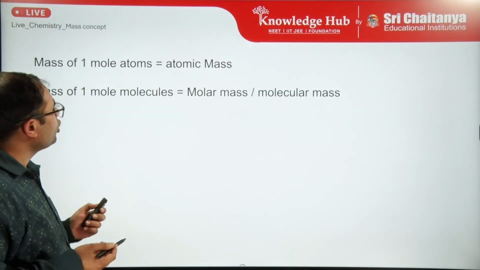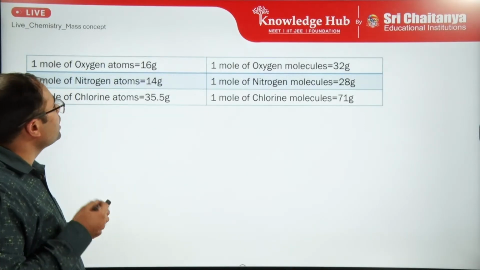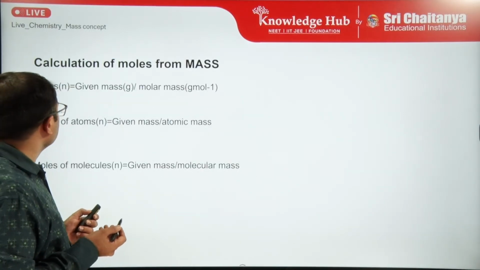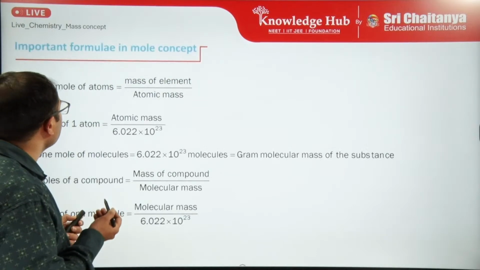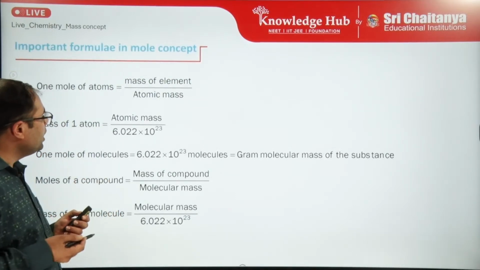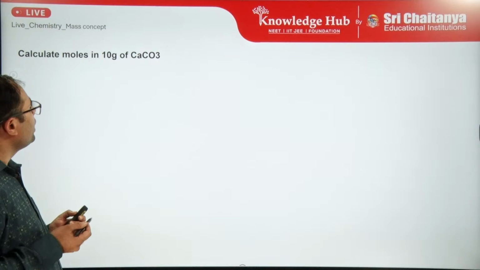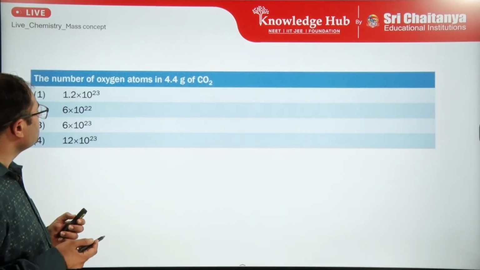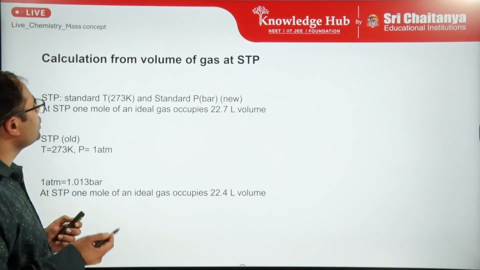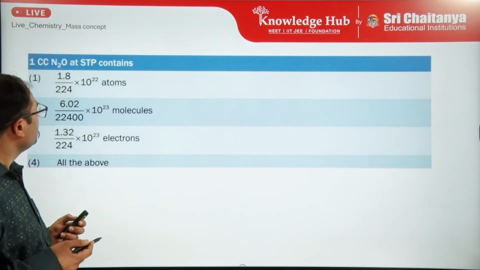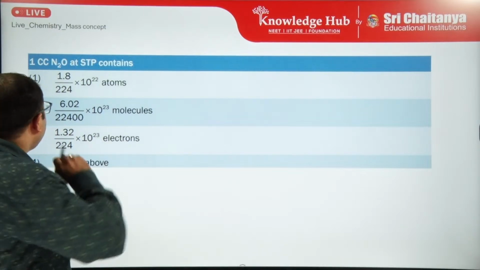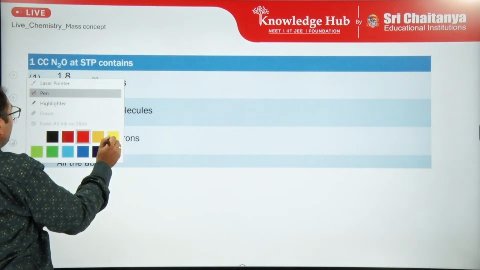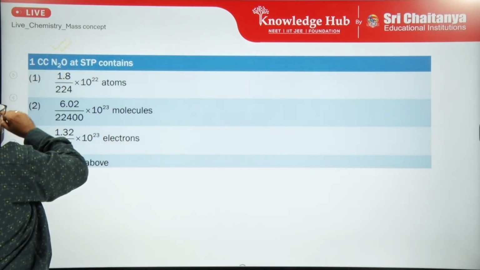Then I talked about atomic mass, molar mass, different varieties of moles, calculation of moles from mass, important formulae, some numericals, from number of particles, some numericals again, and calculation from volume of gas at STP. Finally I left all of you at this question.